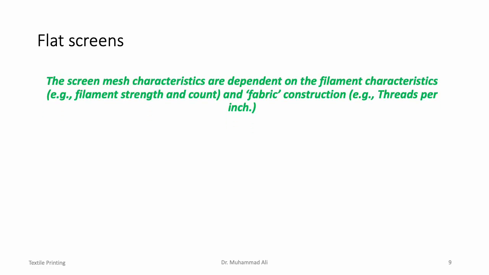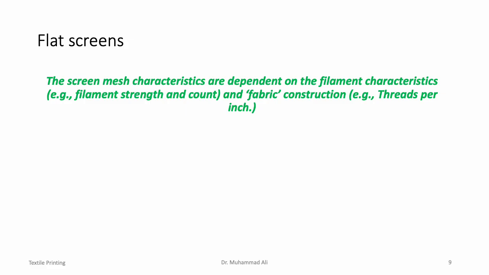Because the printing process depends on the characteristics of the mesh, we need to understand what the factors are that affect the characteristics of this screen mesh. In case of a flat screen, the mesh characteristics are dependent on the filament characteristics.